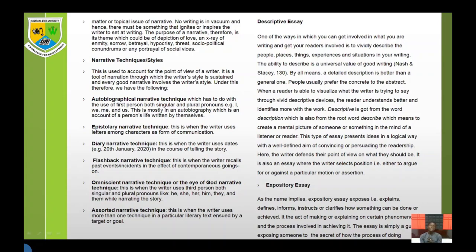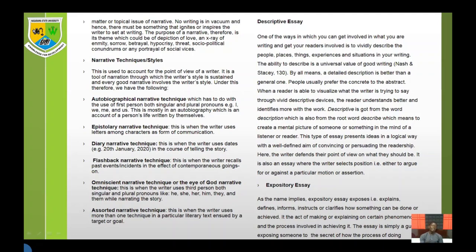So descriptive essay is one of the ways in which you can get involved in what you are writing and get your readers involved: to vividly describe the people, the places, the things, experiences, or situations in your writing. The ability to describe is a universal value of good writing. By all means, a detailed description is better than a general one.